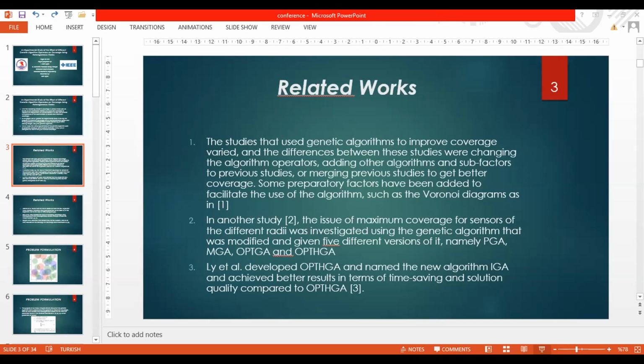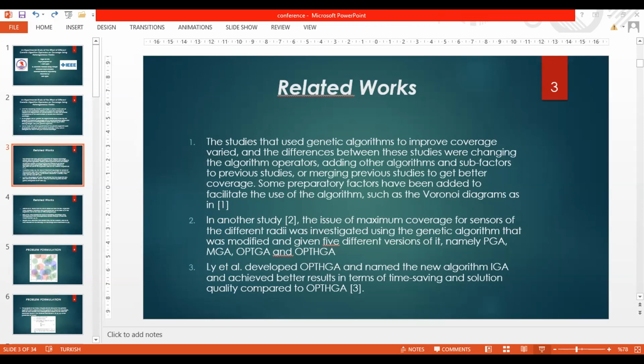Some preparatory factors have been added to facilitate the use of algorithms, such as Voronoi diagrams in the first reference. In another study, the issue of maximum coverage for sensors of different radius was investigated using the genetic algorithm that was modified and gave 5 different versions of it, namely PGA, MGA, OPTGA, and OPTHGA.